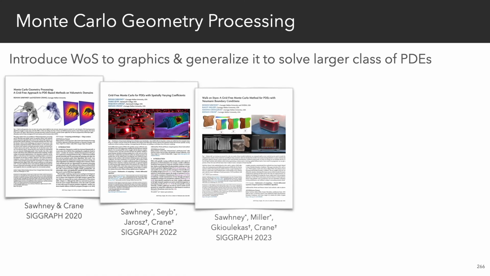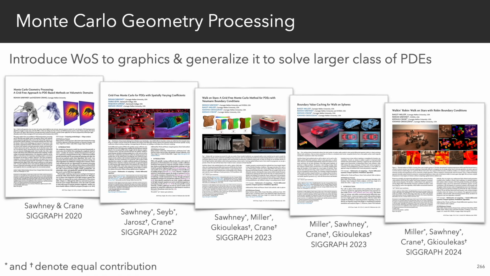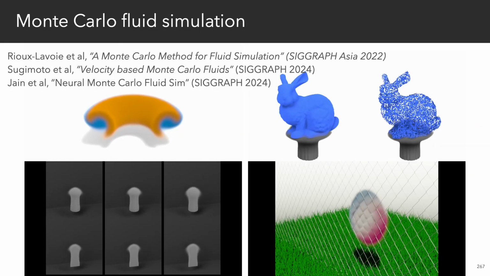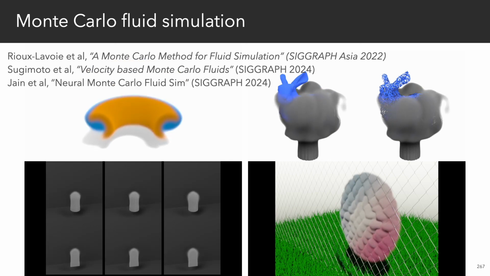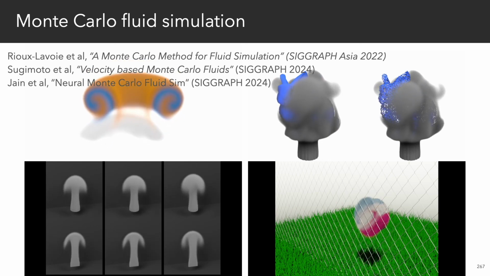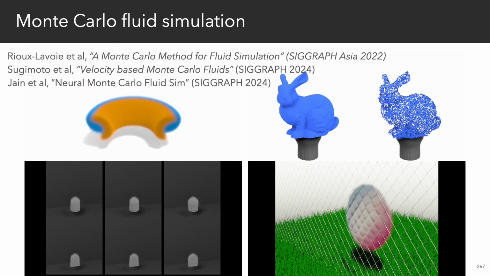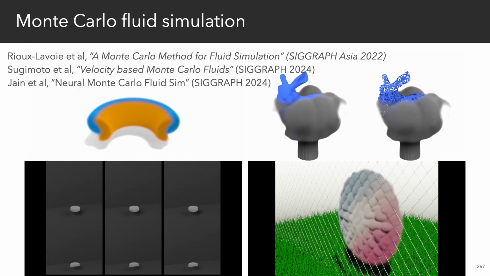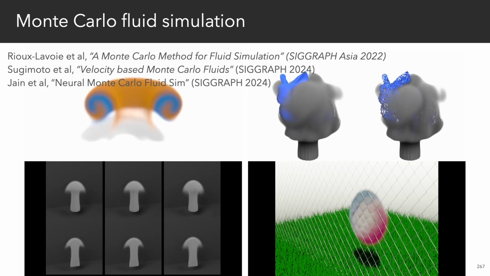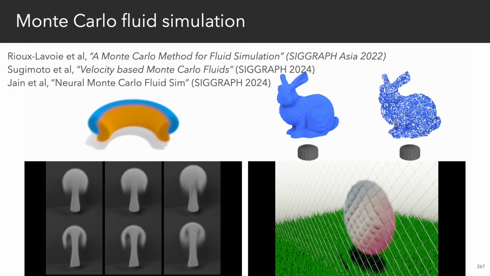So, what's next? Our own work has focused on expanding the class of PDEs we can solve with Monte Carlo by building some basic features. But other researchers in graphics have already started doing some pretty interesting things beyond variance reduction, such as developing full-blown Monte Carlo solvers for fluid simulation, where ultimately the goal is to simulate parts of the fluid that are visible, rather than doing a global solve on a large grid that is mostly hidden from view.